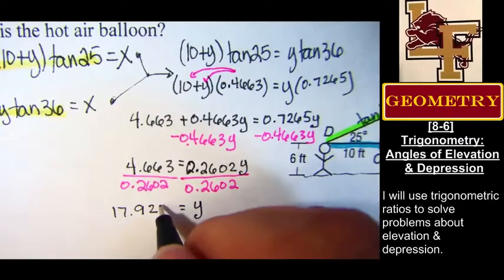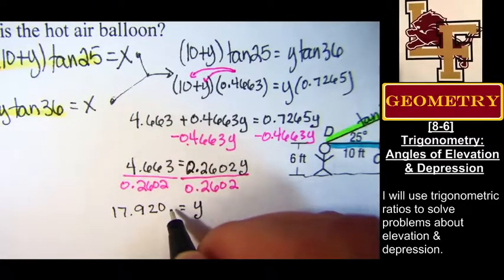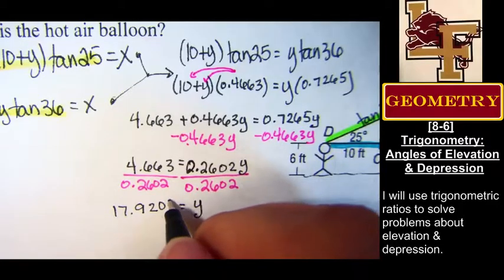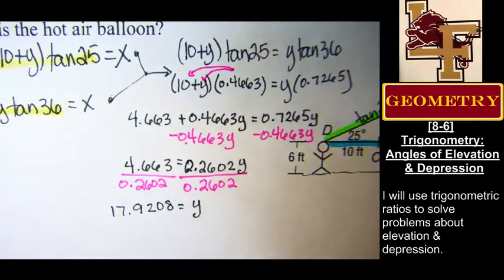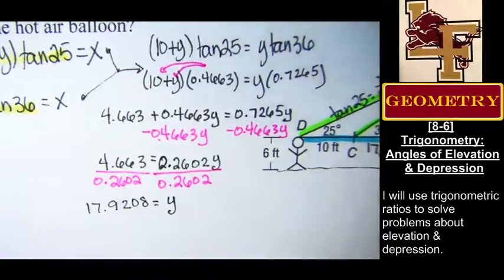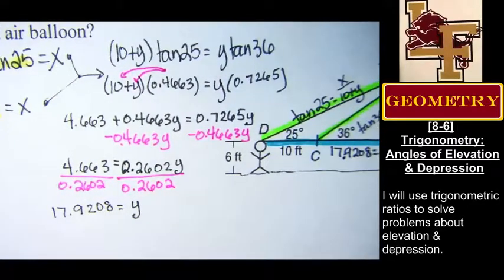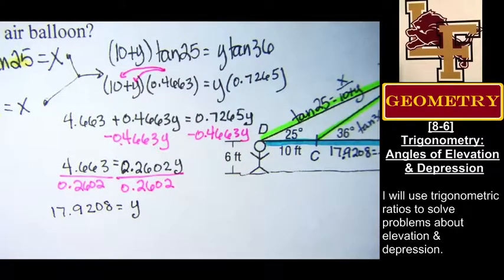Oh, medium. 8? Okay. All right, so that's y. Now it wants my answer rounded to the nearest foot, maybe? Let's go ahead and round it to the nearest foot, but I'm going to do that at the very end, okay? I'm going to hang on to this number just as long as I possibly can.